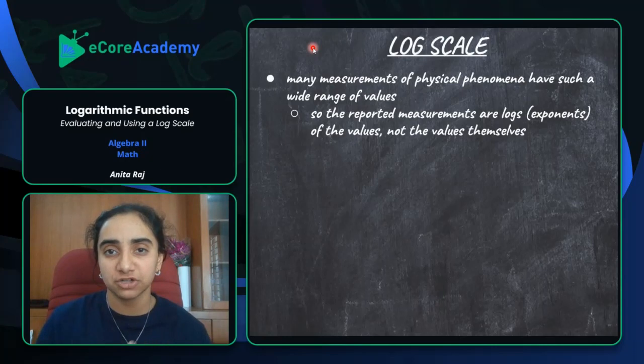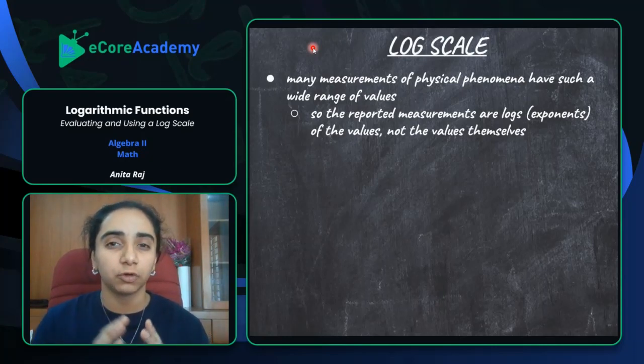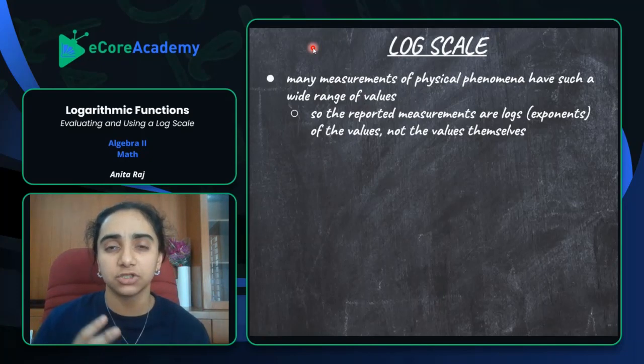So these reported measurements that are just way too big to record and track with common measurement systems, like for example the imperial system, we instead use logs, which are pretty much exponents of the values. We don't use the values themselves.